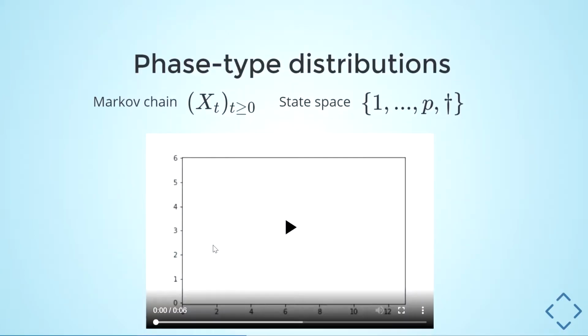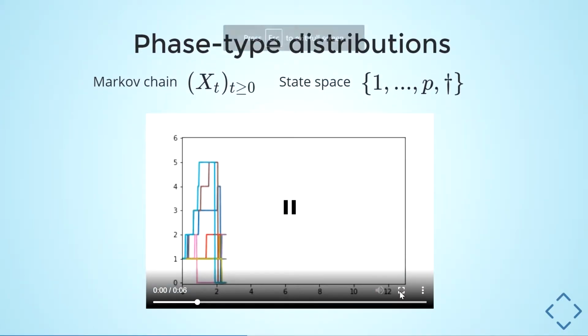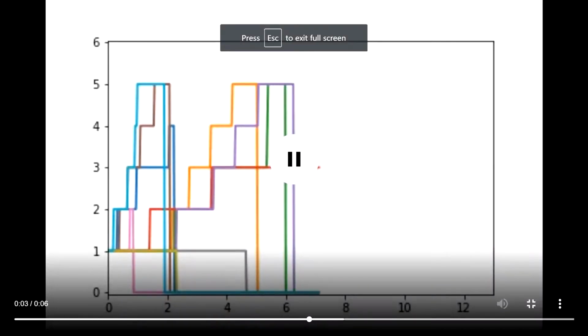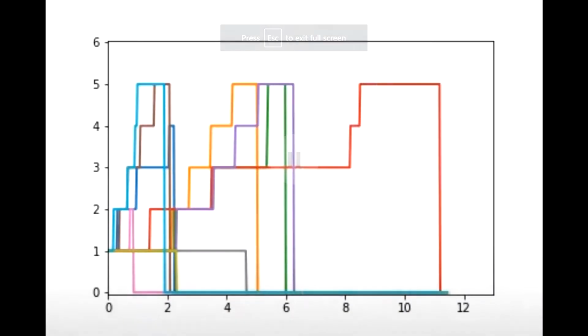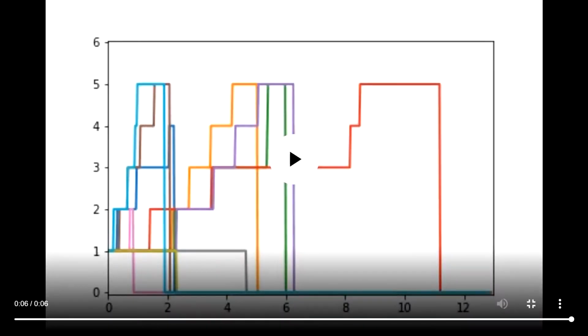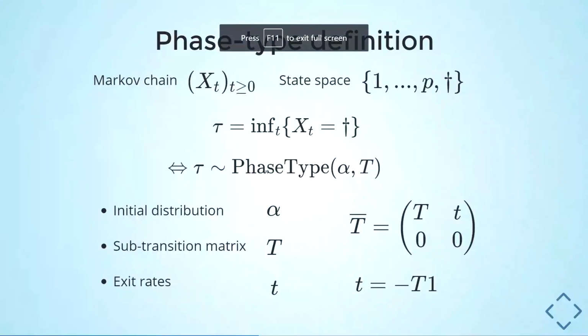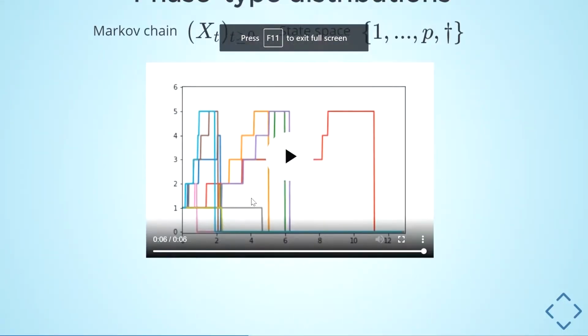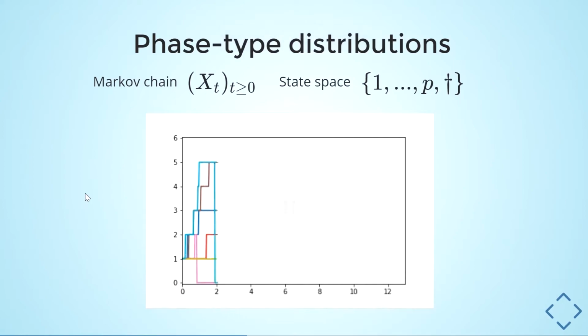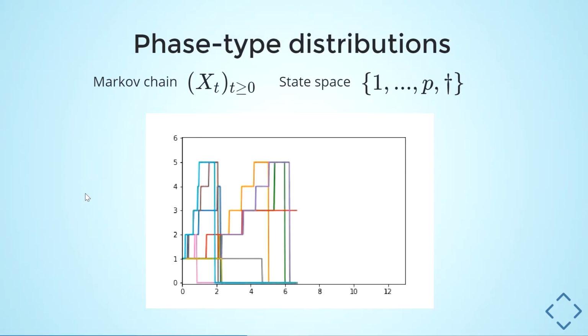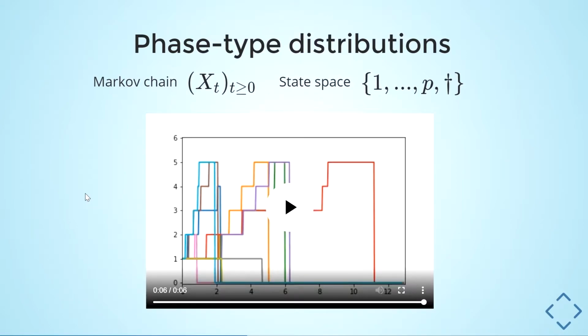For example, this is running, say, something like 7 Markov chains at once. On the y-axis is the phase that the Markov chain is in, and then once it hits the terminating state, that's state 0 and it stays there.